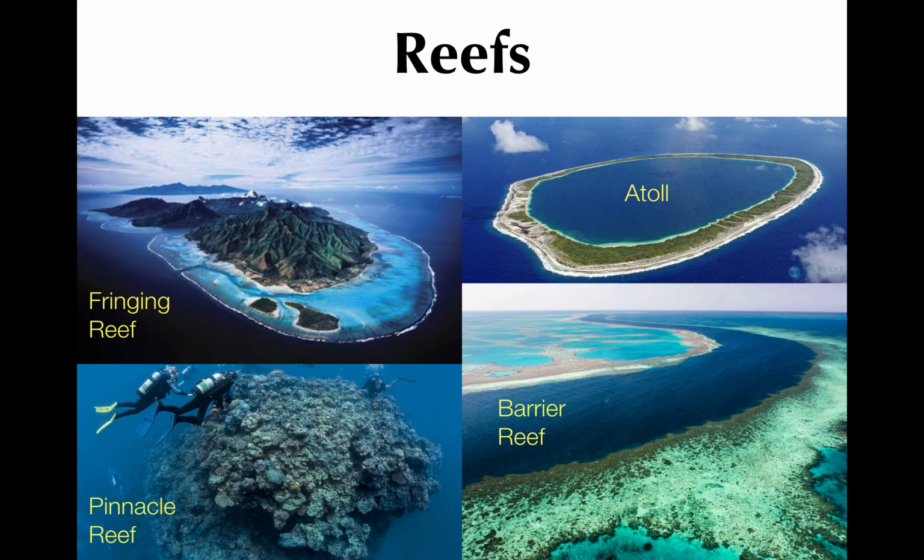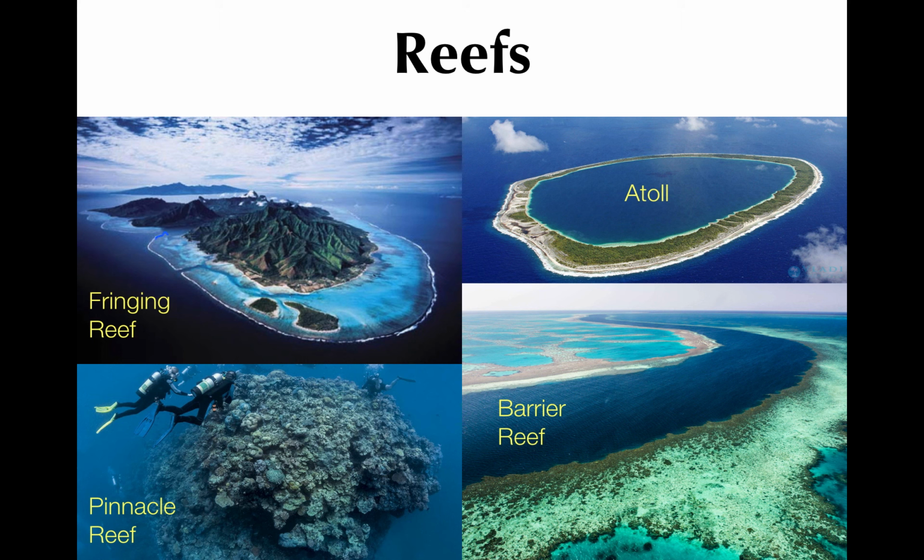So there's a couple different types of reefs, and again, reefs are much smaller features than platforms. They can be part of a platform or independent of one, but the typical definition of a reef is a carbonate buildup that reaches near enough to sea level to impede the flow of waves. A fringing reef is one that fringes the shoreline of an island or the shoreline of a continent.